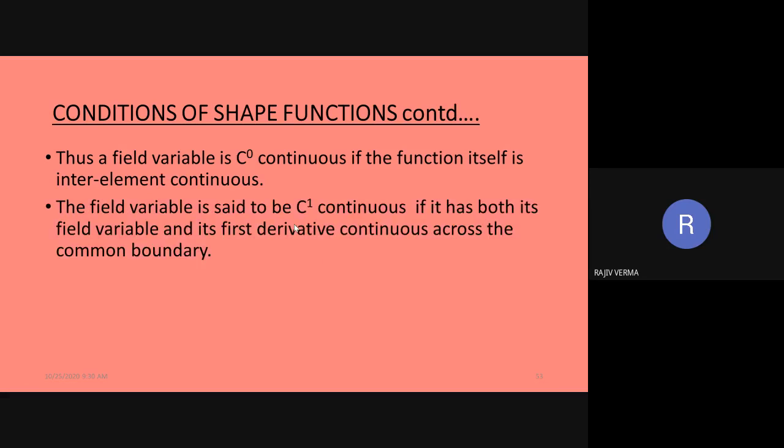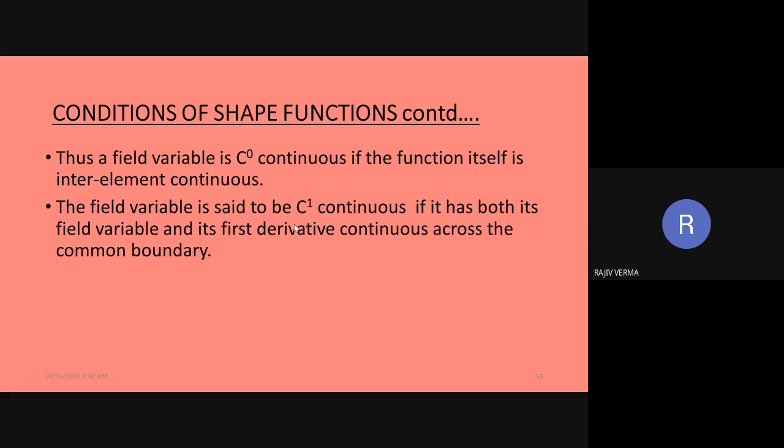The field variable is said to be C1 continuous if it has both its field variable and the first derivative continuous across the common boundaries.